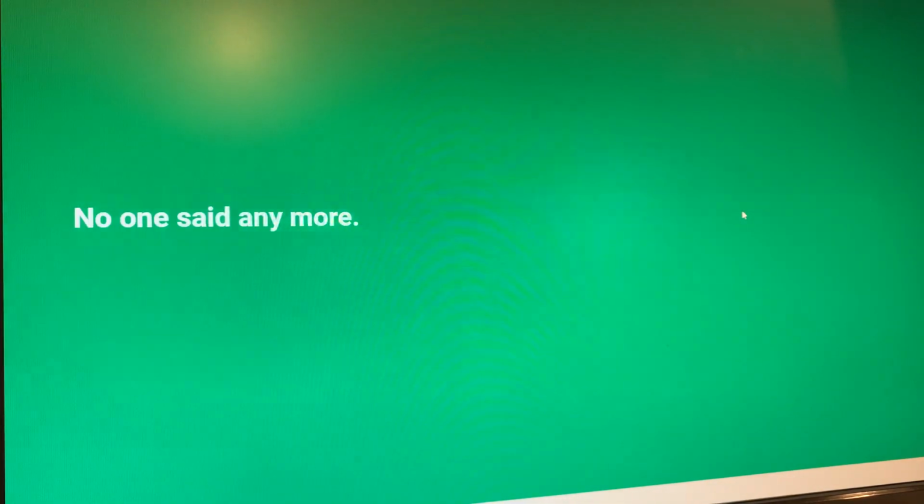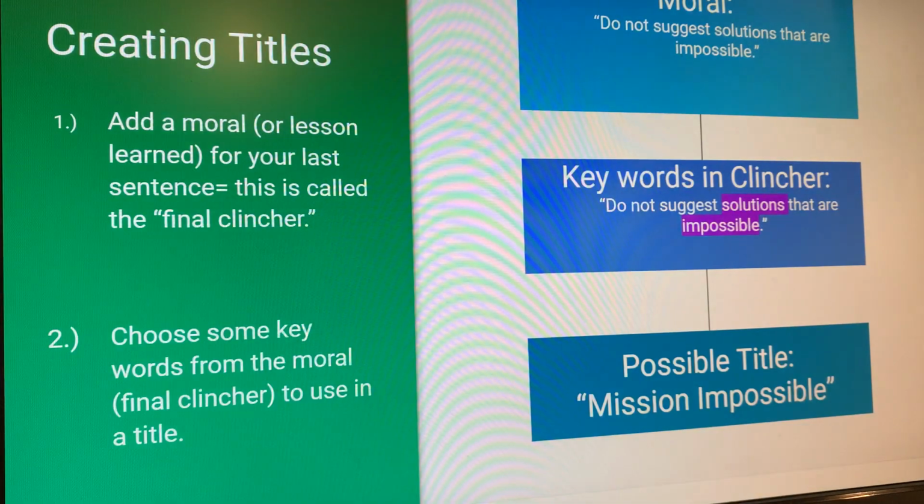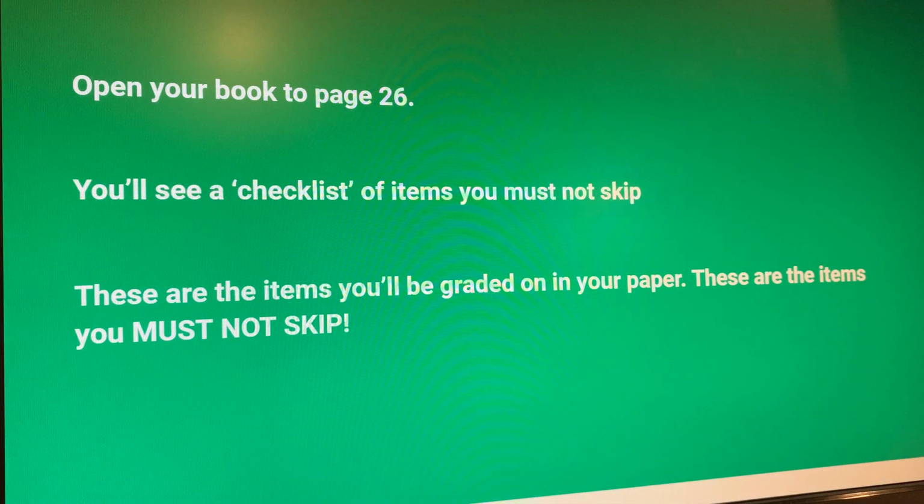Let me get back to where we were. All right, and then lastly on your checklist toward the bottom of page 26, you're to use no banned words. So all those banned words we went over: go, went, say, said, come, came, and get, got.